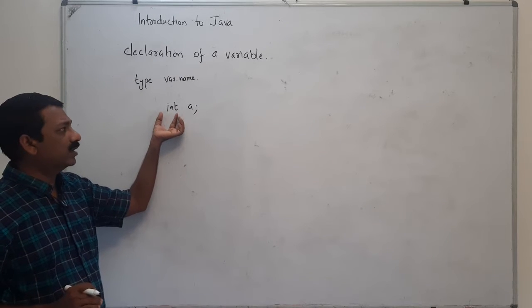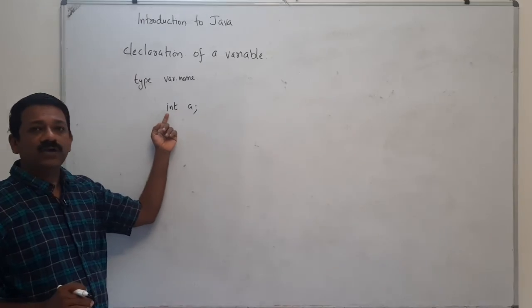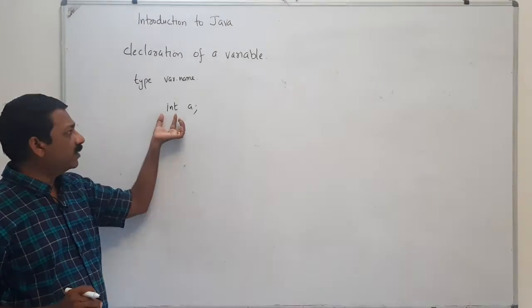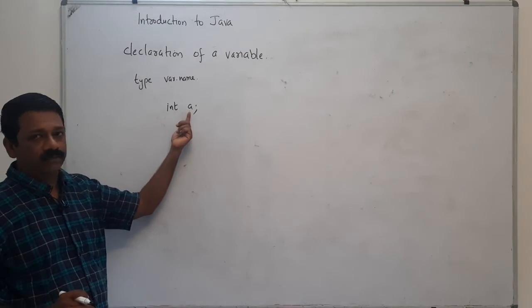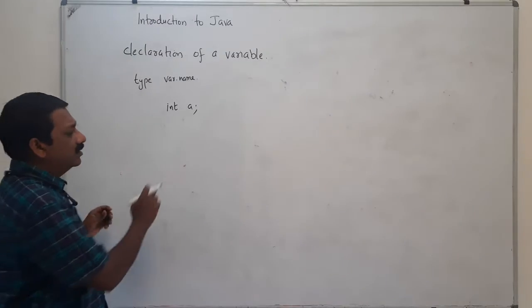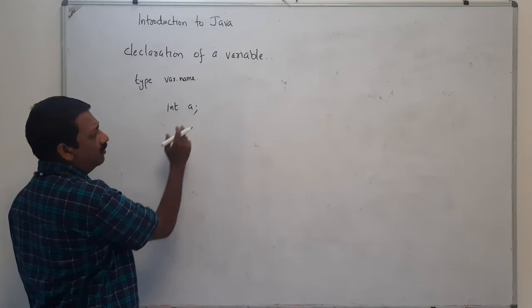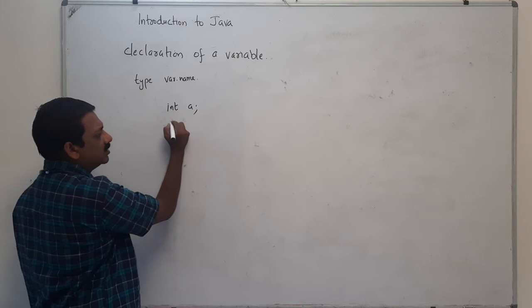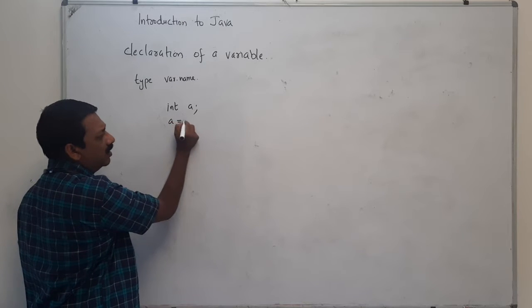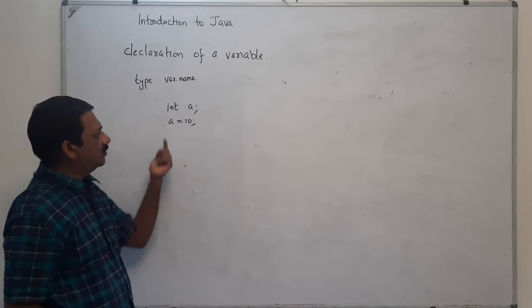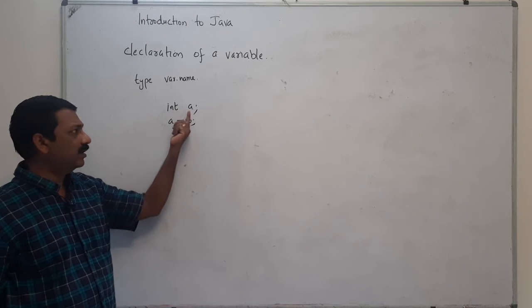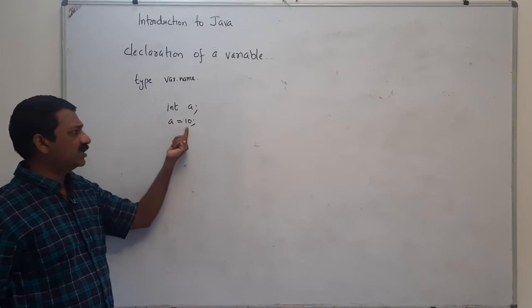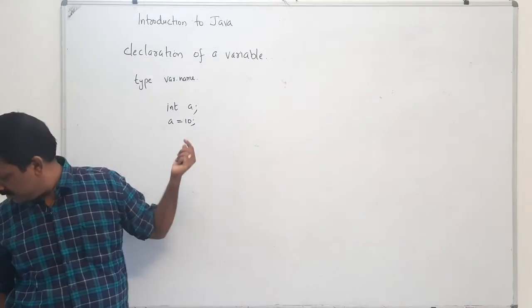As I told you earlier, an integer is allocated 4 bytes. So 4 bytes has been allocated for a. And now if you want to initialize this variable as equal to 10, you can have a equal to 10 after that. That means you have defined a variable a and now it is initialized to 10.